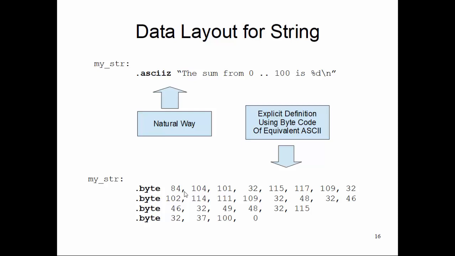We'll review that, but for now just take it that we know that part. So we determine the start address of my string, that label, and then start putting these bytes in sequential order: 84, 104, 101, 32, and so on. So we are explicitly writing this.